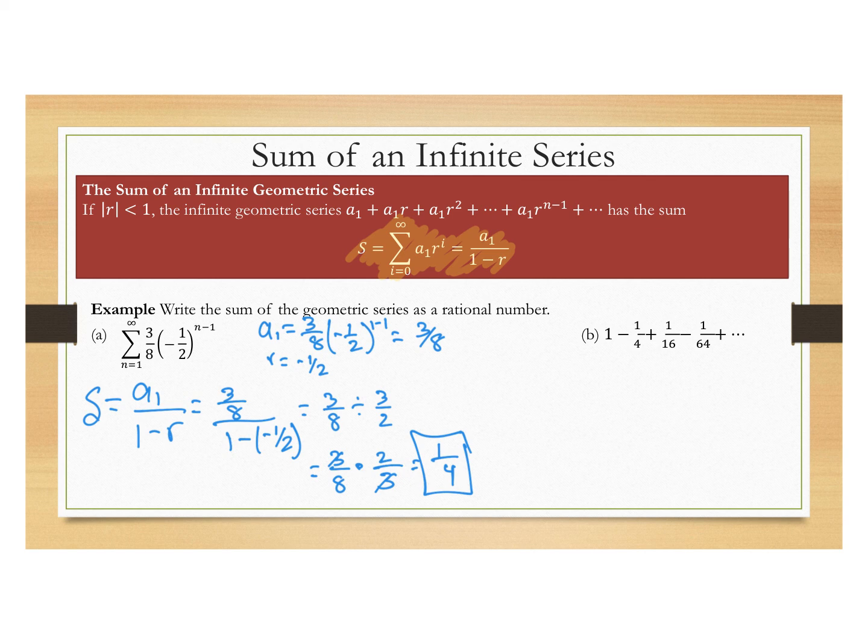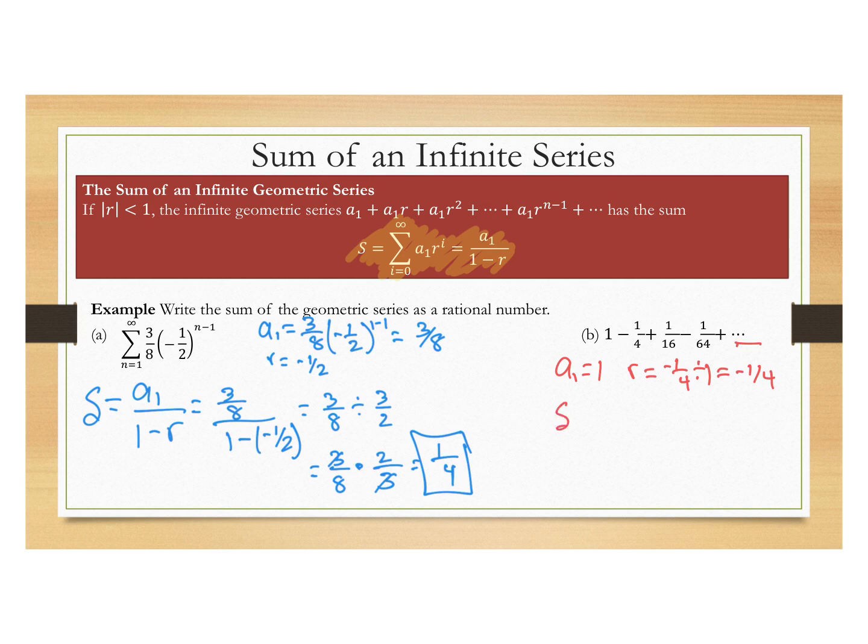So we know in letter B it is infinite because of these dot dot dots. We know the first term is 1, and to get the common ratio, we take the previous two terms and divide, so negative 1/4 divided by 1 is negative 1/4.